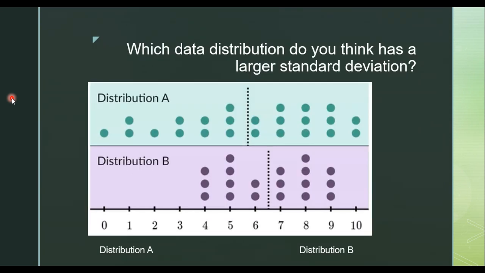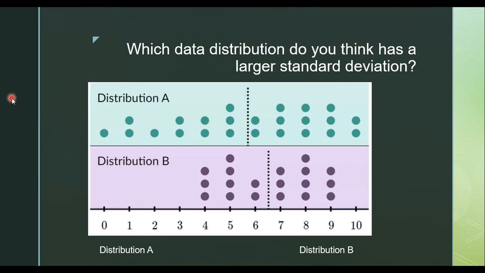So thinking about distribution, it can be represented in the forms of dot plots or bar graphs, but just trying to figure out what's going on with the data, which data out of these two options, distribution A or distribution B, do you think has a larger standard deviation?